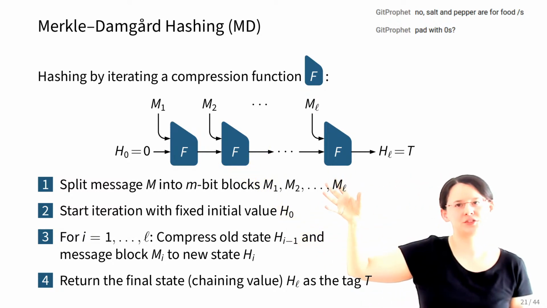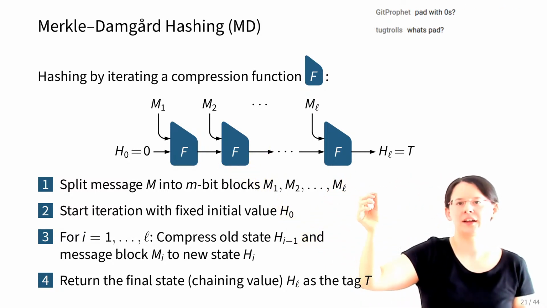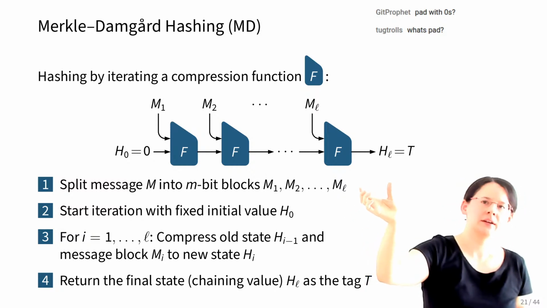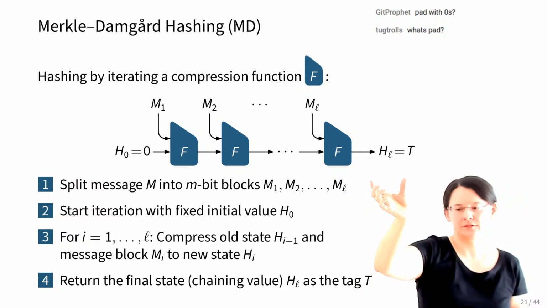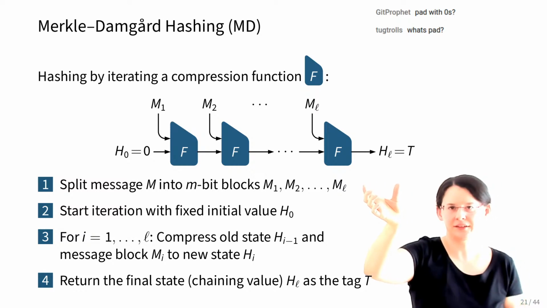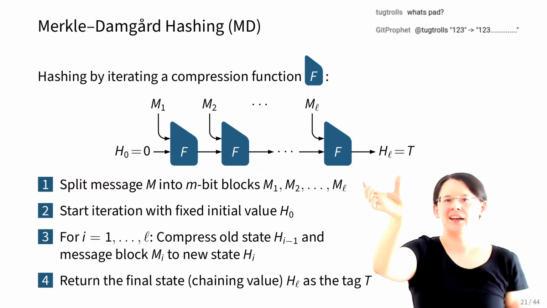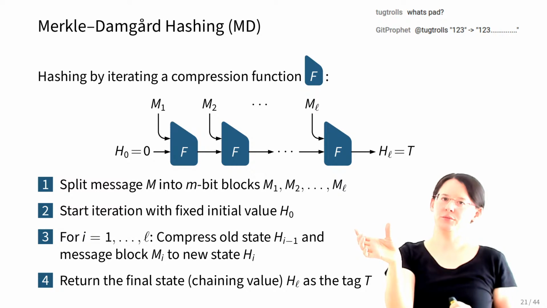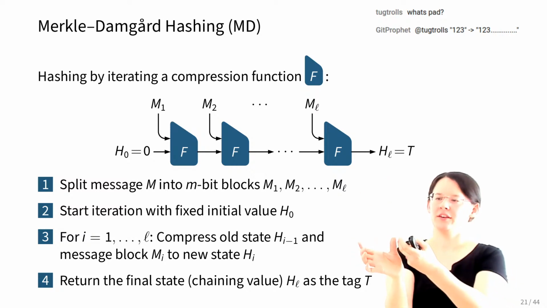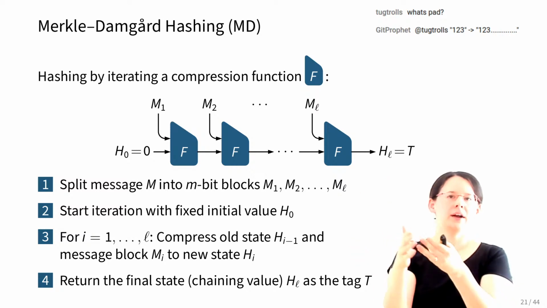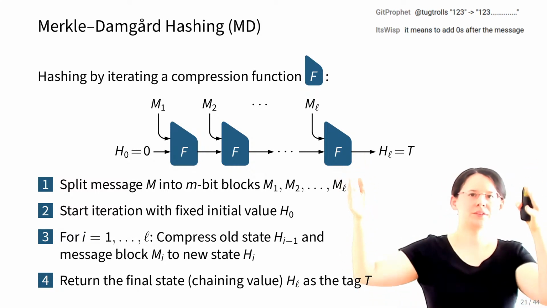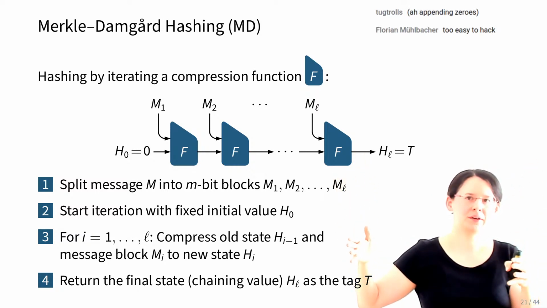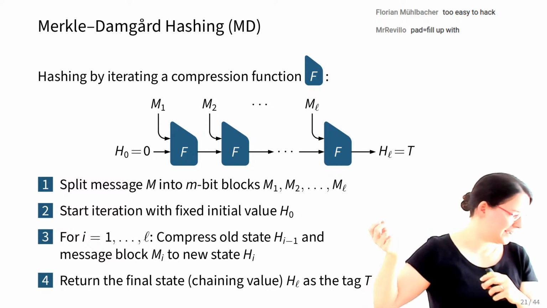Imagine that one of the messages I want to hash is just 1 byte long, for example, 1 letter, and I pad it with zeros. And there's a second message I want to send, which starts with the same letter, then continues with a 0 and has length 2, and I would also pad it up with zeros. Now both of these messages would be padded up to the same padded message.